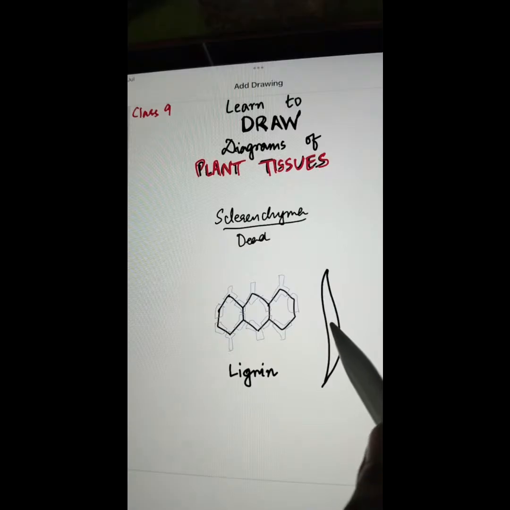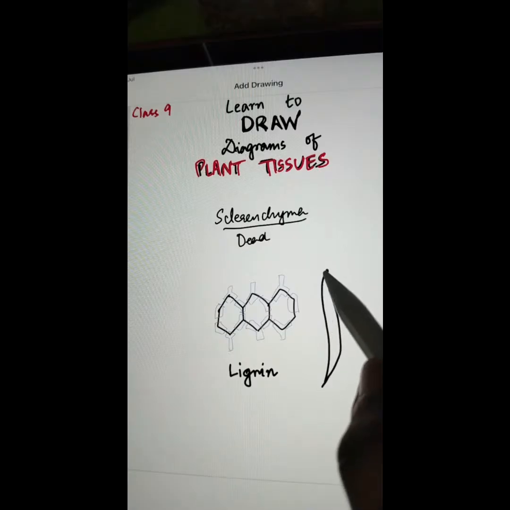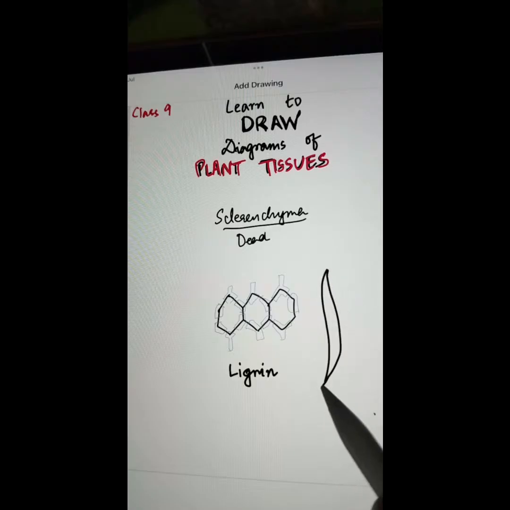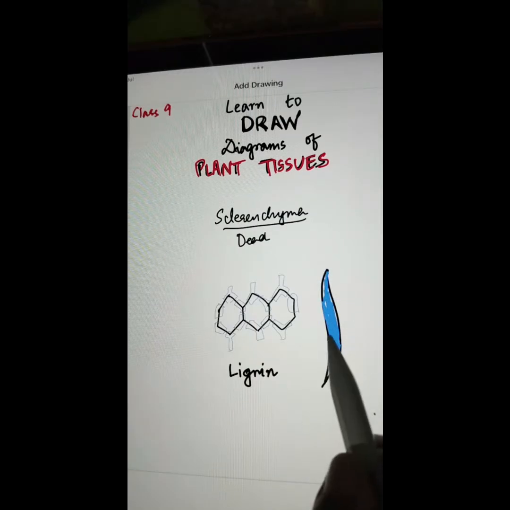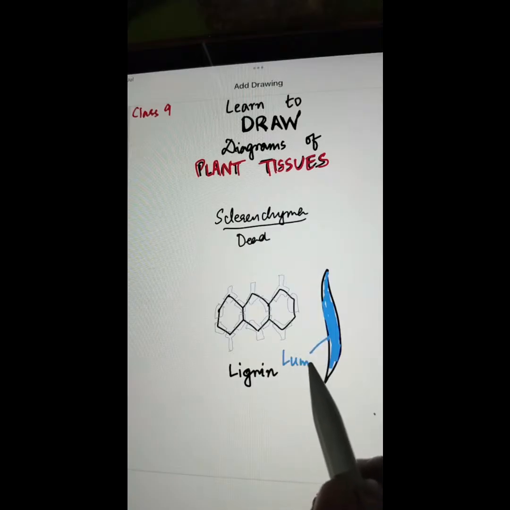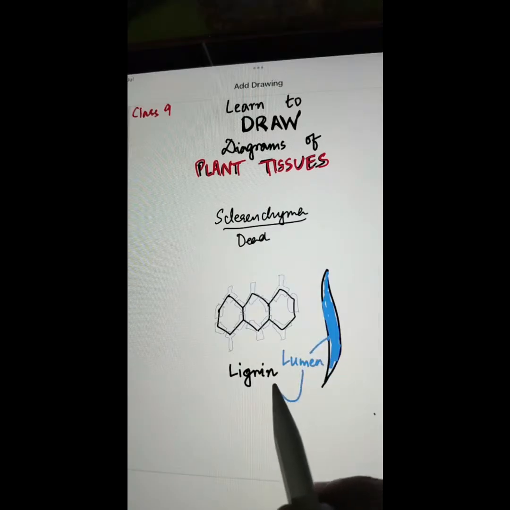Means this will be broader in the center but narrower at the anterior and posterior end. And this central space in the case of a fiber is known as lumen. And this lumen is blocked because of the lignin.